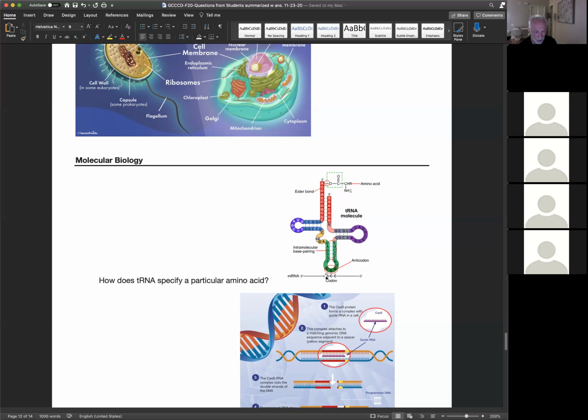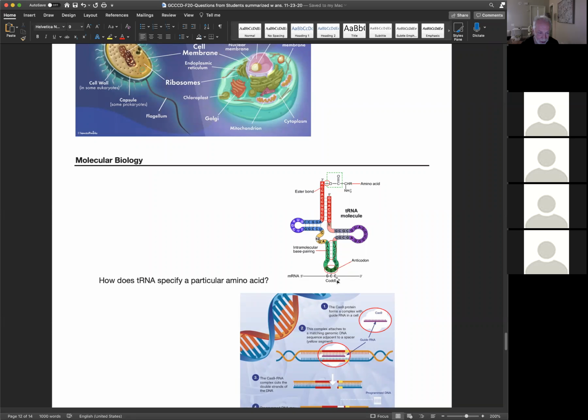Remember that the ribosome is going along the mRNA, calling for tRNAs to add the next amino acid. So in this case, the mRNA codon is GCC. So the anticodon on tRNA would be the complement, CGG.